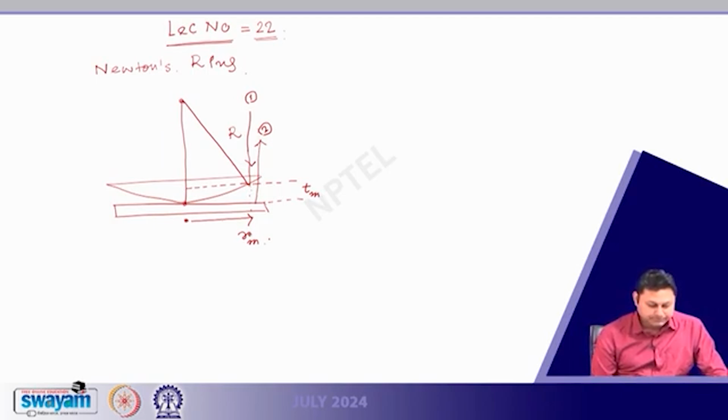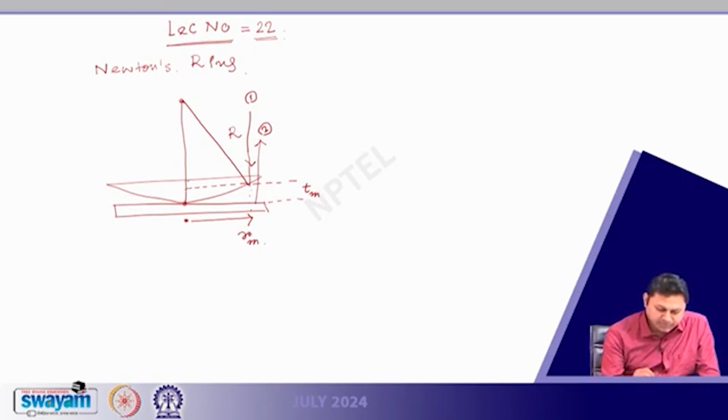So the aim is to find Rm, this radius, because that radius is essentially the radius of the rings that we are going to form in terms of this path difference, with the geometry that we have here. So let us try to do that. Let this be R and this be Tm. If I put O here and this point is A, the point that is touching here is B, and this point is D.